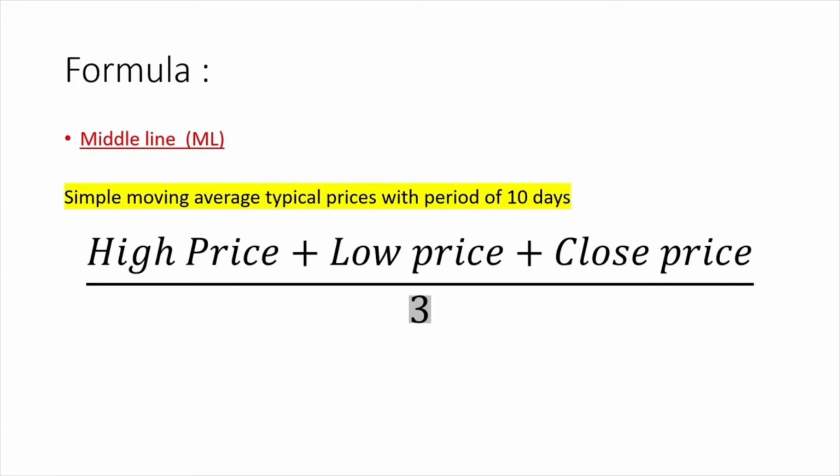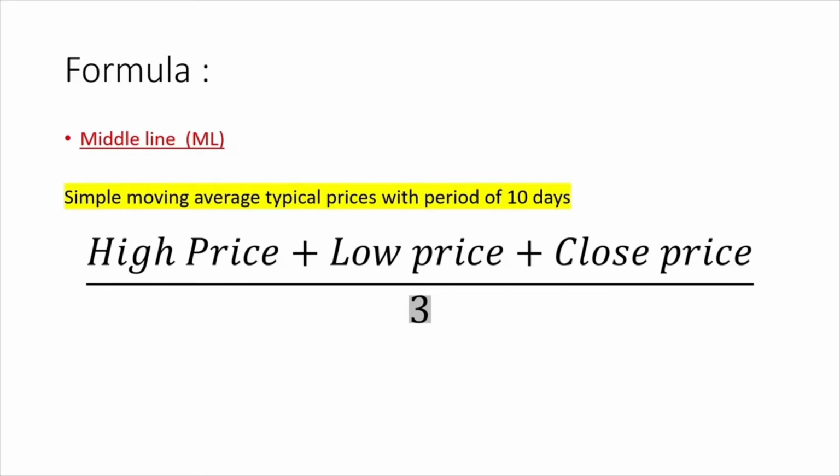The typical price is the high, low and close prices added together and divided by 3. The period of 10, we have analyzed when we talked about moving averages. You can change that. By default, I'm giving you exactly the values from this indicator.